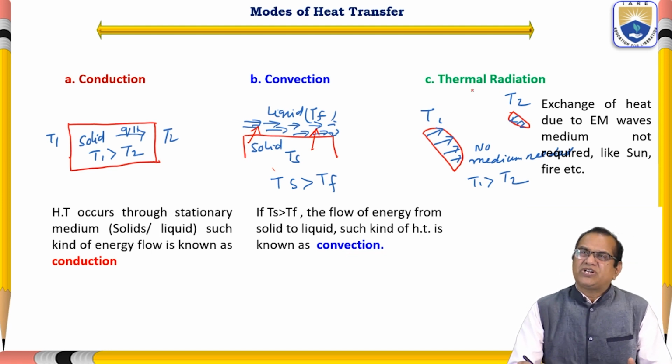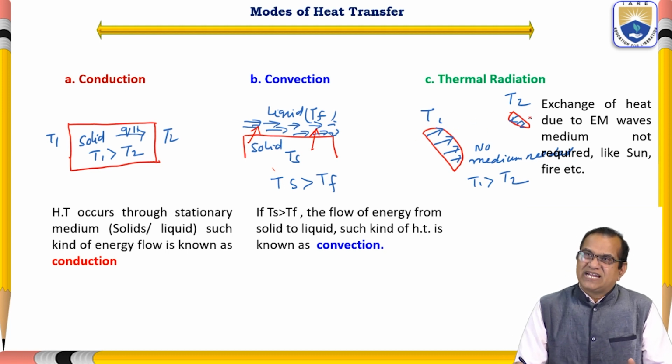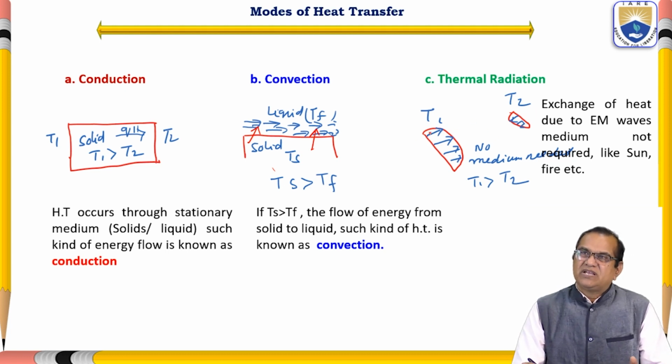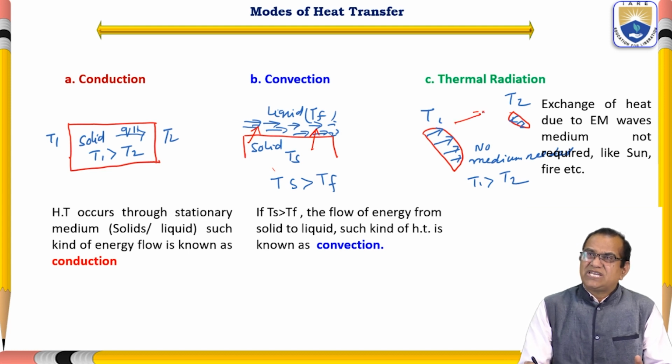Another mode is very important here. Here we have one source, and the two bodies are not connected. There is no medium. If one body has temperature T1 and another has temperature T2, and T1 is greater than T2, then the energy will transfer from this side.